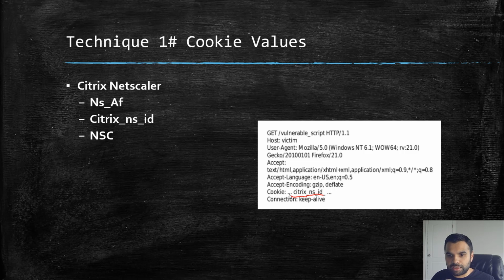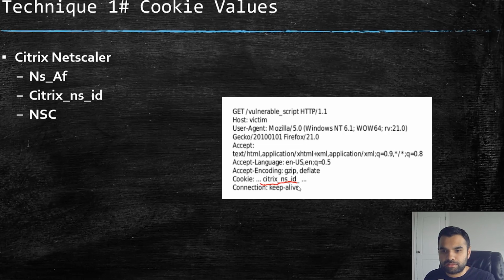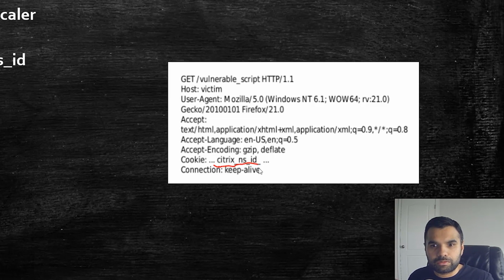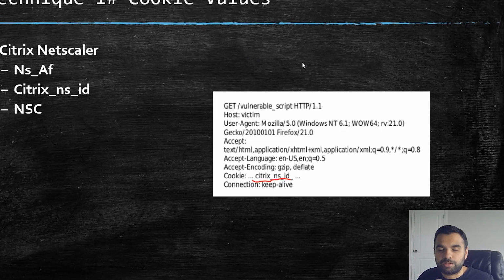Here in the example you can see we are actually seeing the Citrix_ns_id. So if you see this kind of cookie name along with the session token, that means the WAF they're using is Citrix NetScaler.